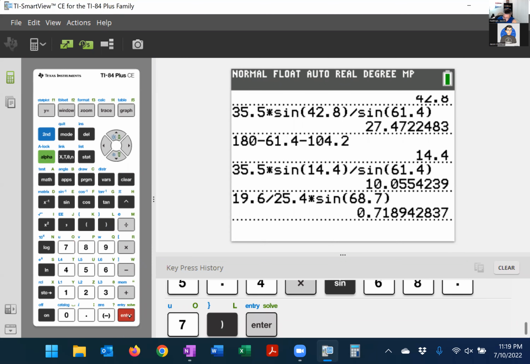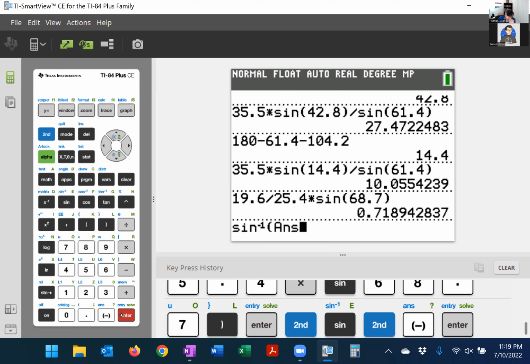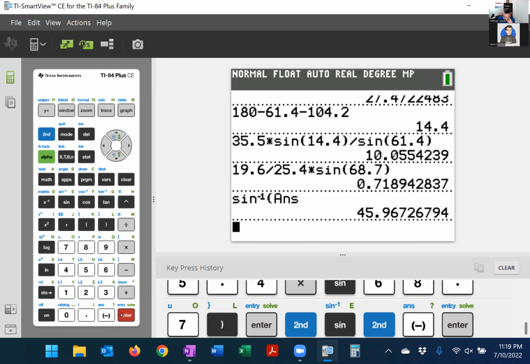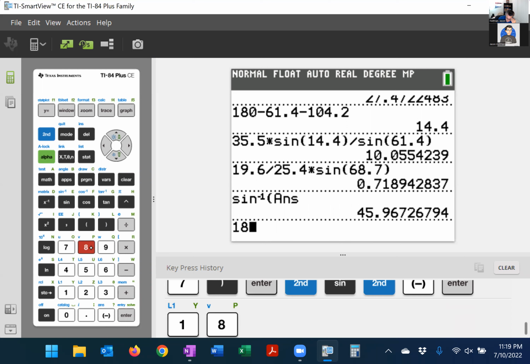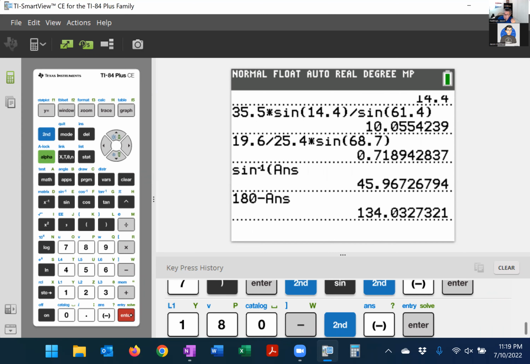That is about 0.718 or 0.719. If I take the inverse sine of that, I get 45.96 or about 46 degrees, which is my quadrant 1 reference angle. Again, there is another angle here in quadrant 2. So if I go 180 minus this angle, I get about a 134 degree angle.